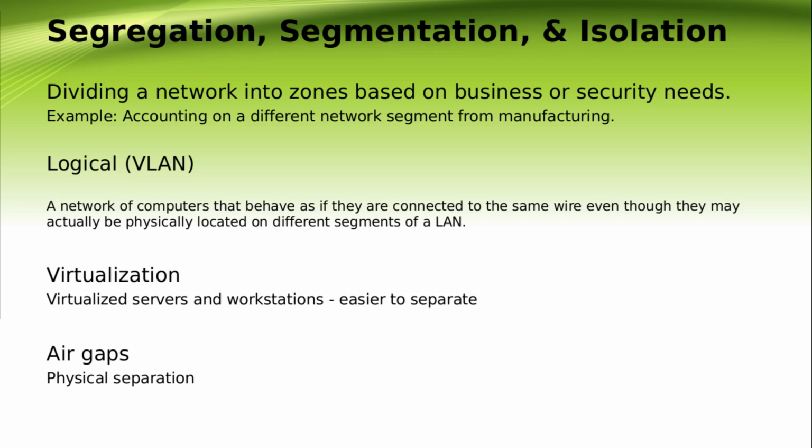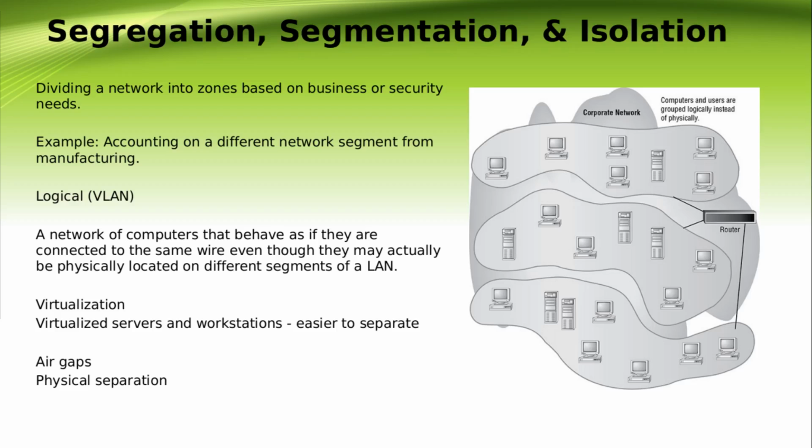So let's move on to the next topic. Segregation, segmentation, and isolation: dividing a network into zones based on business or security needs. For example, accounting on a different network segment from manufacturing. Network segmentation involves controlling traffic among network devices. Complete or physical network segmentation occurs when a network is isolated from all outside communications, so transactions can only occur between devices within the segmented network.